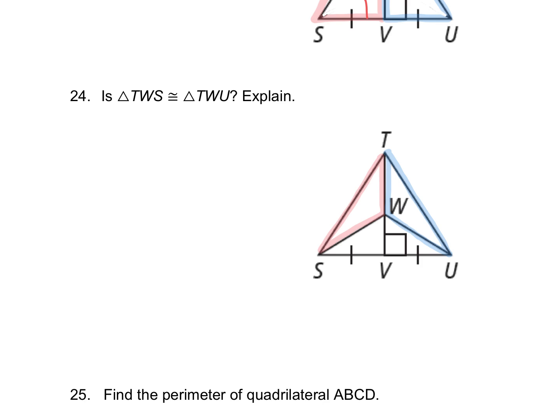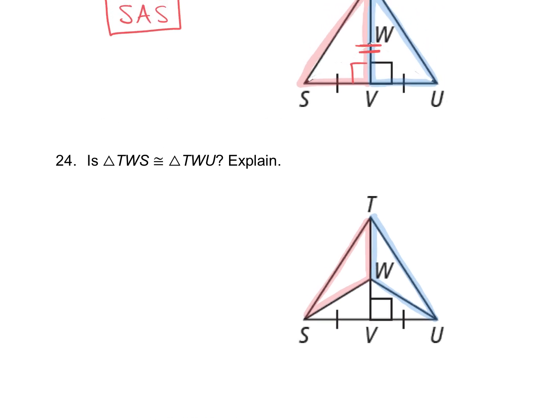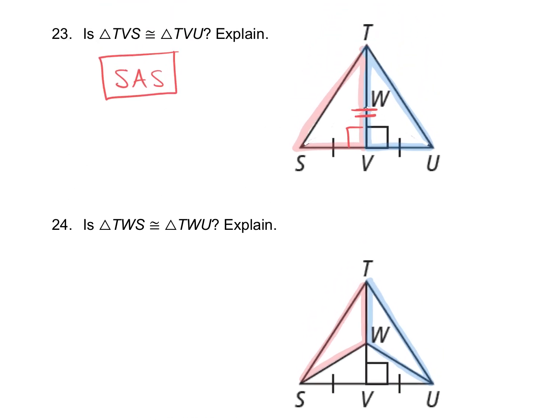So in order to answer this question, we're going to refer back to what we did in the last problem. Do you see how in this last problem we said that these two big triangles were congruent? So once we've established these are congruent, that means that all the corresponding parts are also congruent.